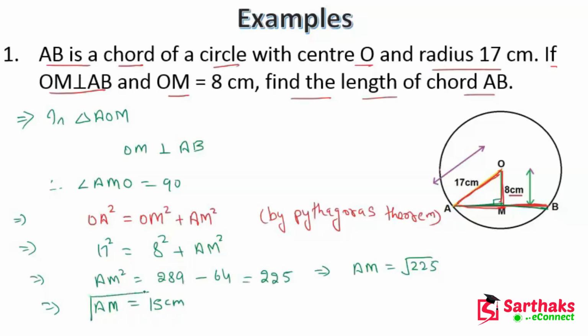Now we have AM as 15 centimeter. By the perpendicular theorem, OM is perpendicular to AB, so OM bisects AB.